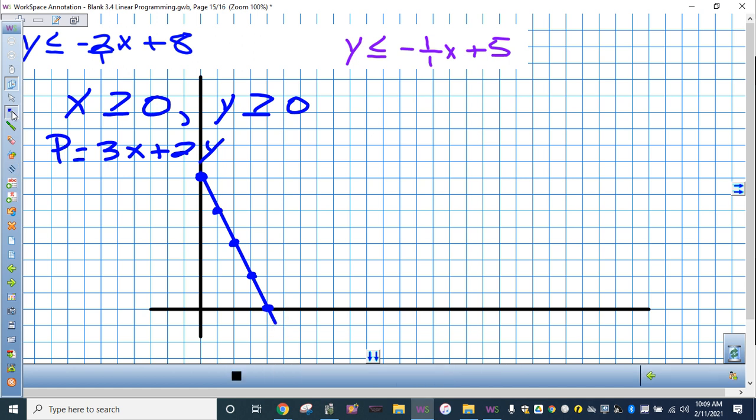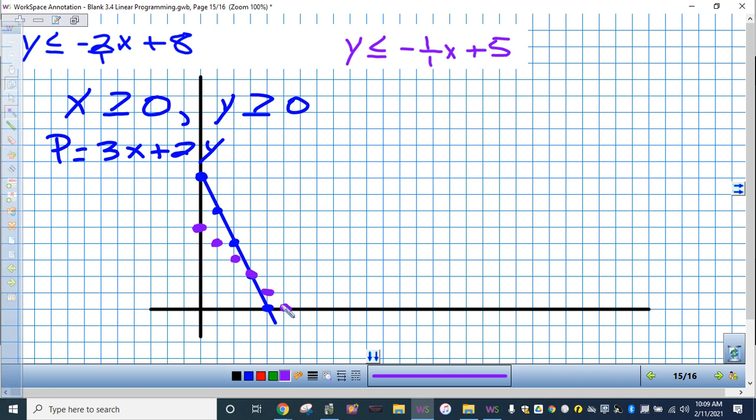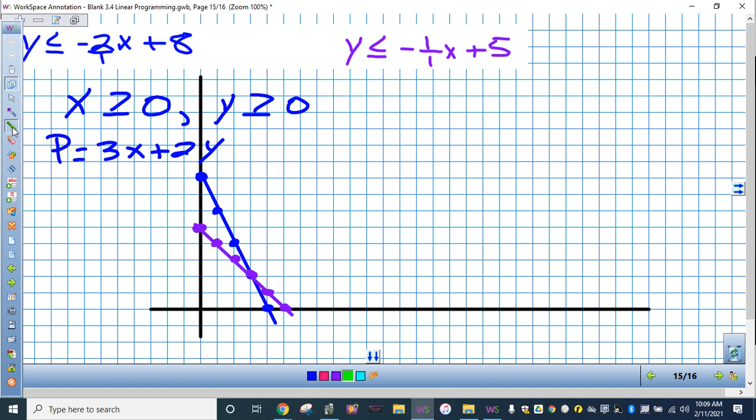We're going to do the purple one next, so we'll start at 5 and go down 1, right 1, like that. Less than the purple. So there is our feasible region.